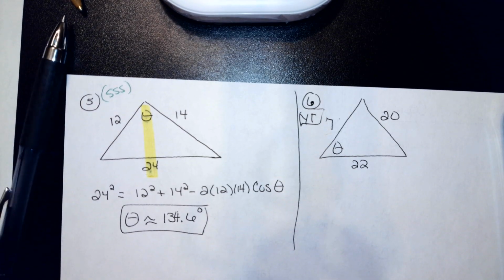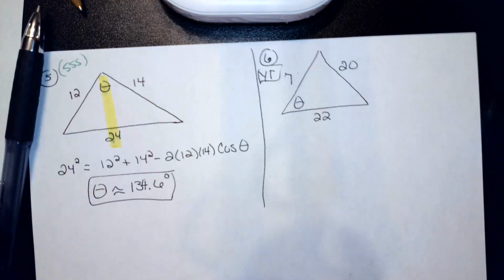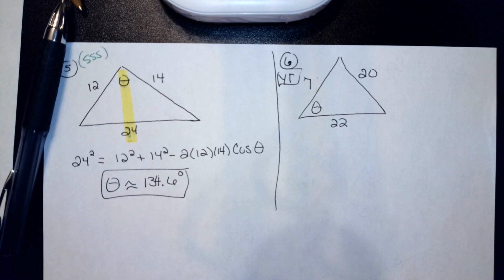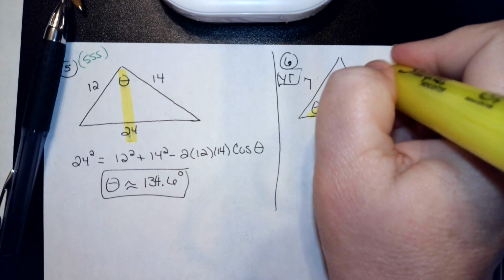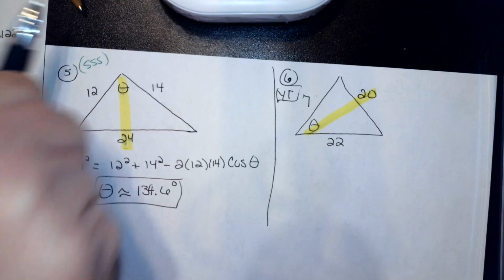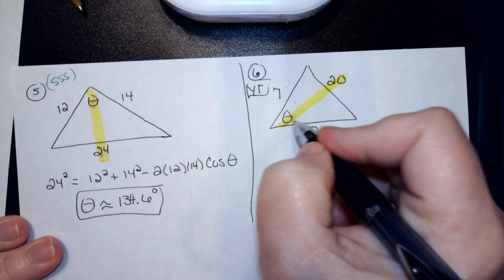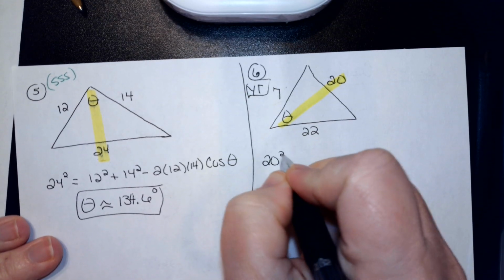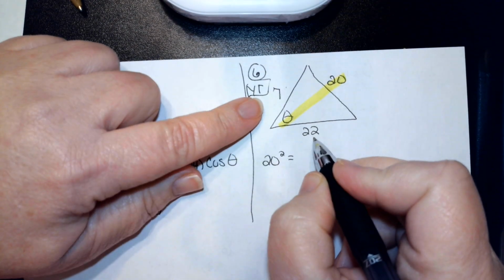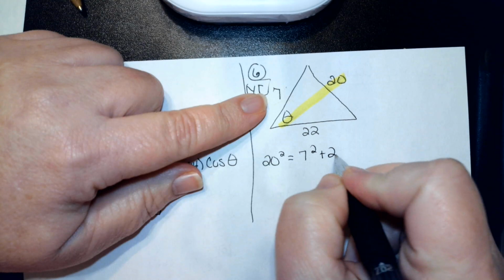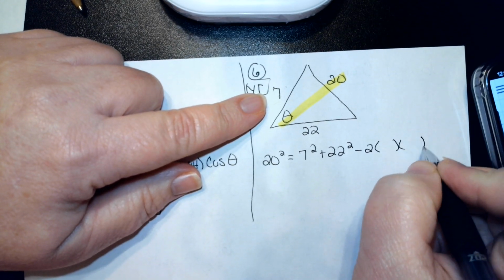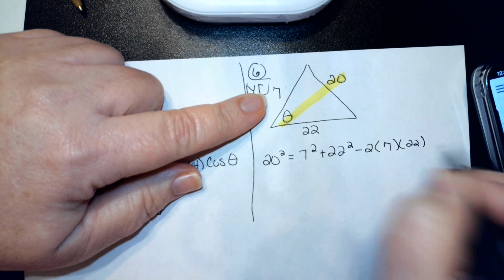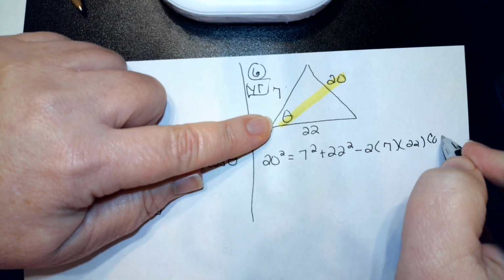Alright, so if you'll pause the video for about 2 to 3 minutes and see what you can do with this one. Alright, let's see what you got done here. So here's my angle and the opposite side. So we got our side opposite of our angle, 20 squared, is equal to our other two sides squared, so 7 squared plus 22 squared minus 2 times those two sides times the cosine of our angle, which is theta here.